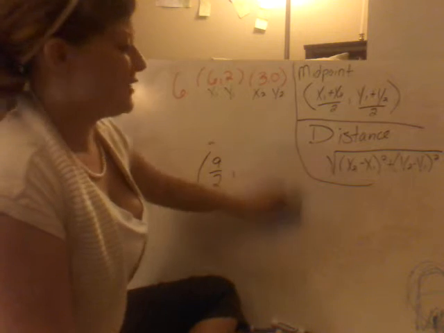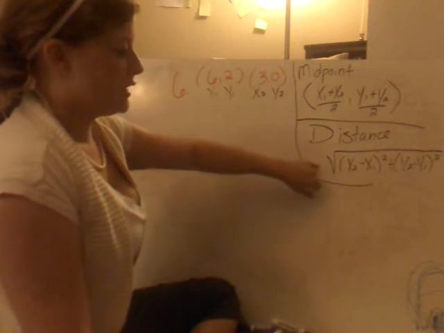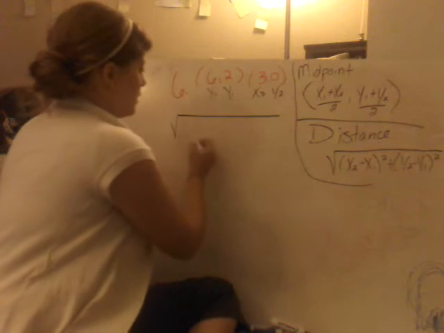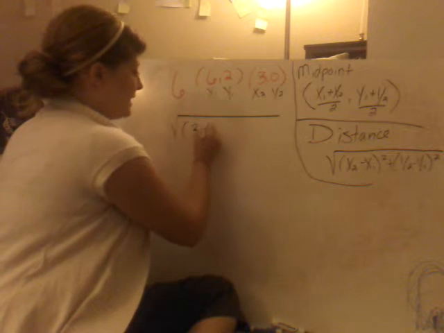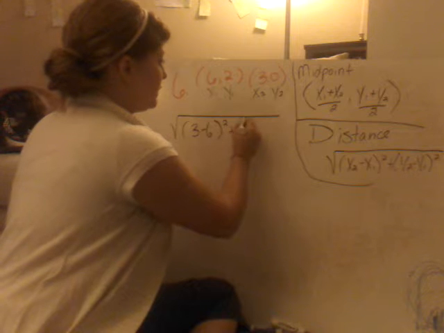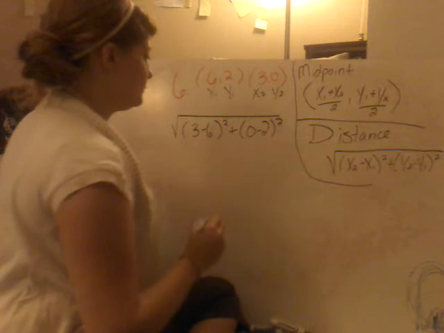Alright, so now we're going to go on to the distance formula for this one. So right over here, here's my distance formula. Remember, I have the square root. And it's x2 minus x1, so it's 3 minus 6, quantity squared, plus 0 minus 2, quantity squared.